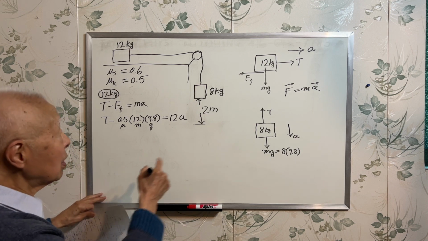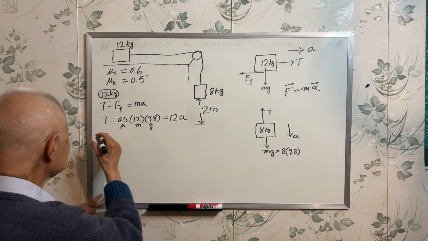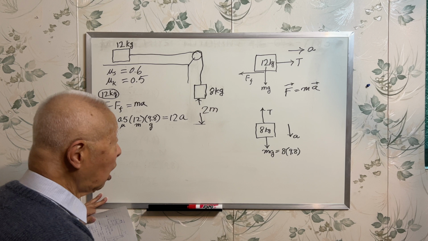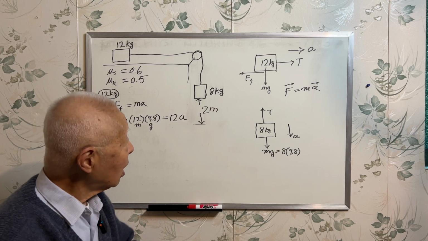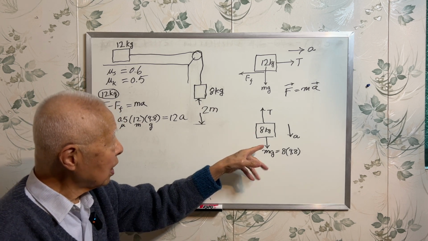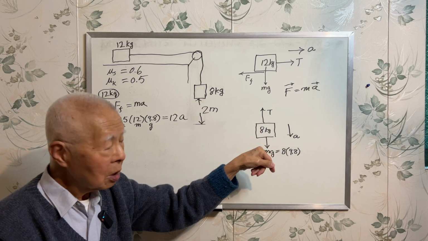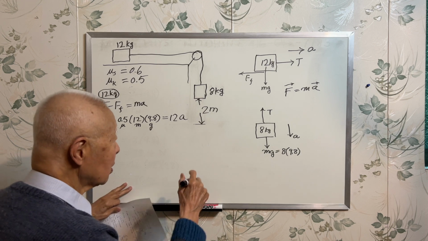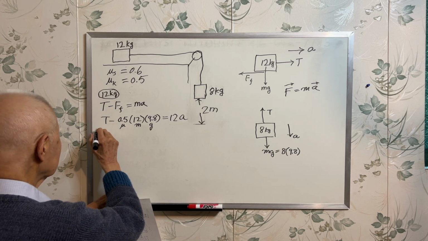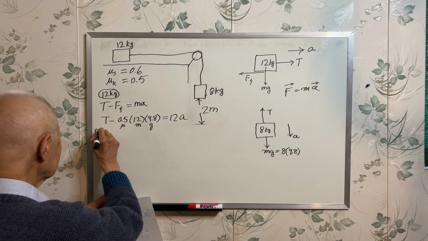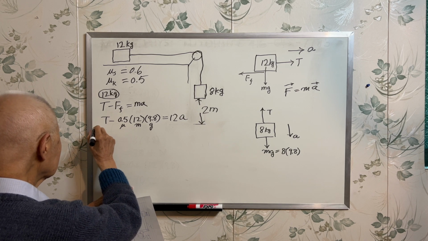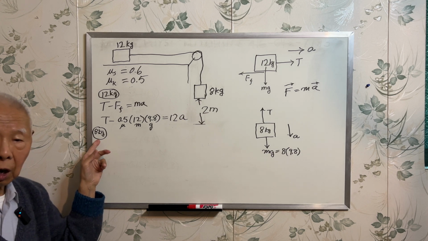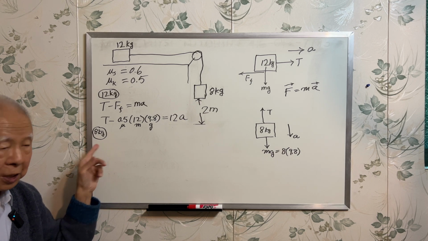Now for the 8 kg mass, I have Newton's law. Force equals ma. A is down. Therefore, the net force is... Now I write Newton's law for the 8 kg free body diagram.